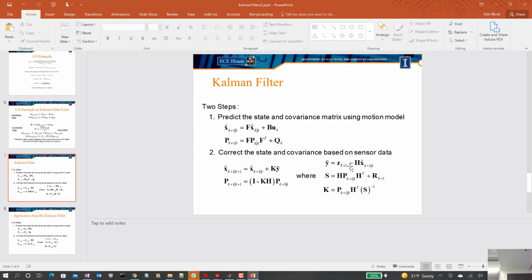And then the correction step, Y. H is our C, maybe you're more familiar with that in state space form. It's saying all of the states that we can measure. We want to know the estimate that we have right now of those measurements, which is subtracted from Z, the measurement of those states.